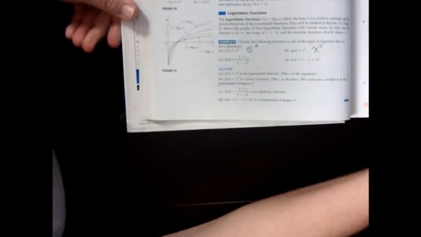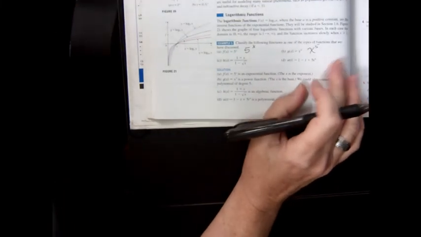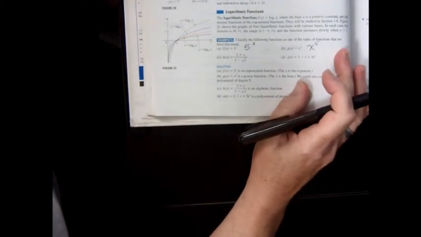Now our exponential functions. Exponential functions are a little bit different than our power functions in that our power functions have a base variable. Okay, we're going to take a look at this again.